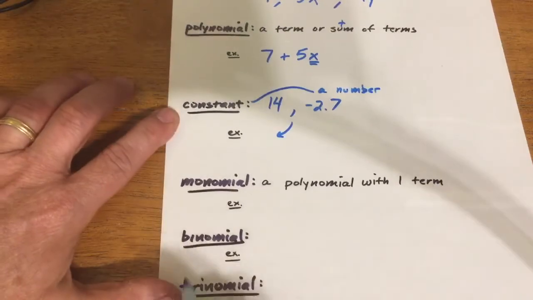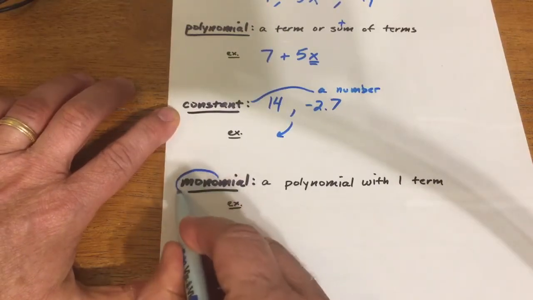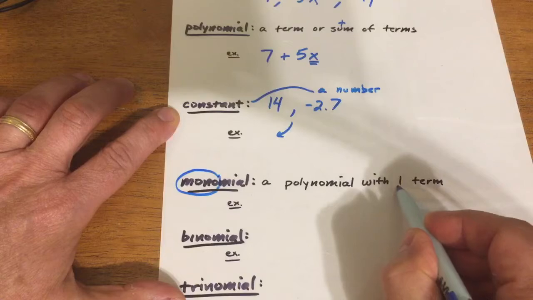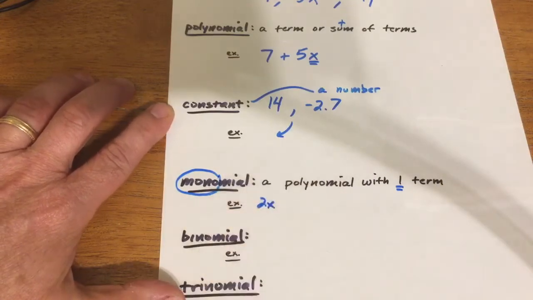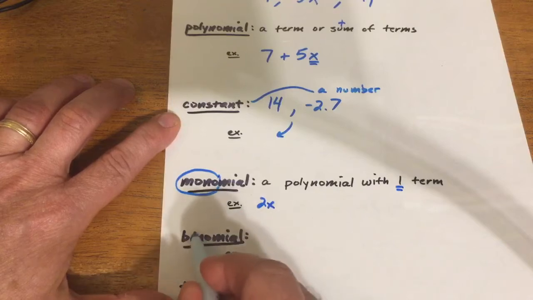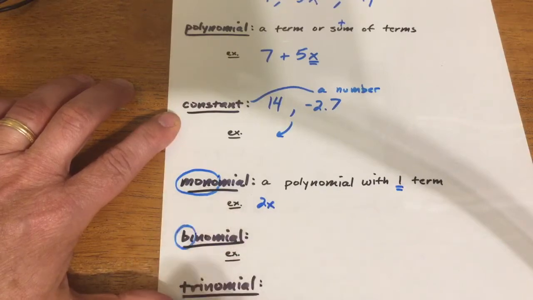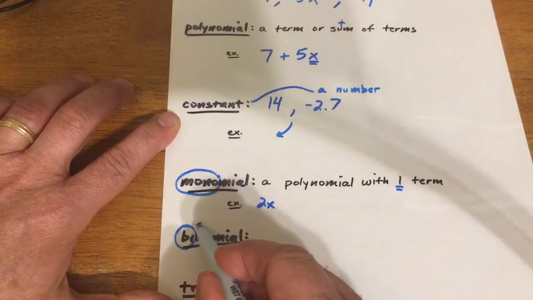If we have a monomial, with the prefix mono, we know that we have one term in that polynomial, so maybe 2x. If we have a binomial, we know bi is the prefix for what number? 2.